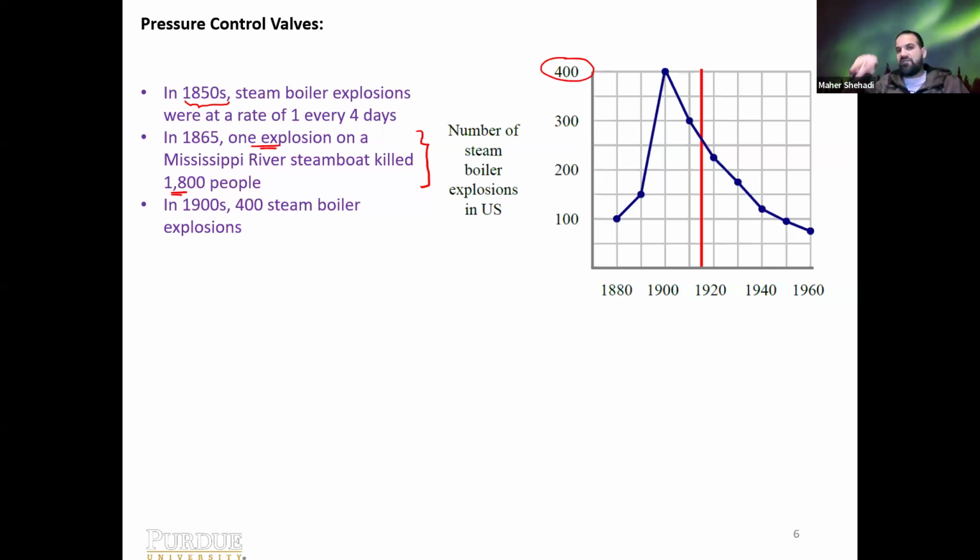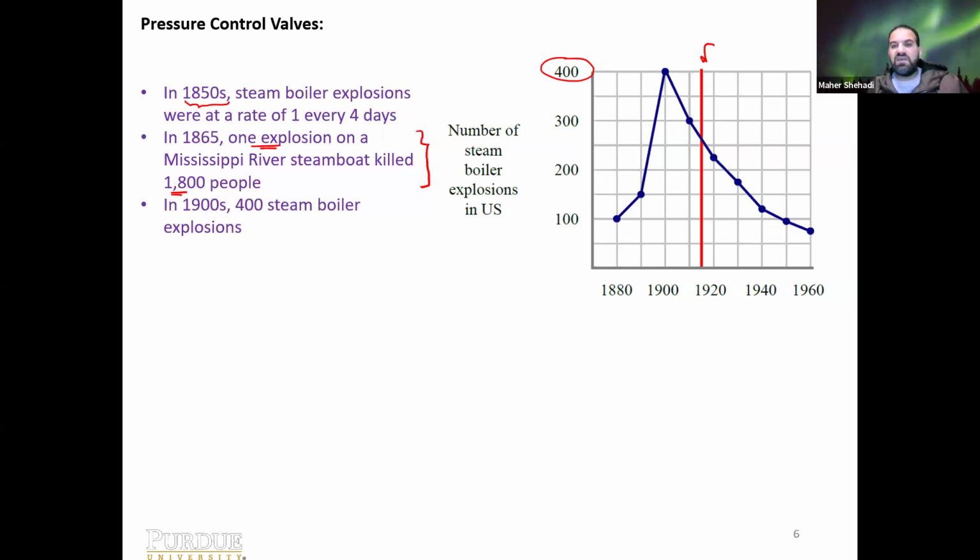And that's why you have this chart. It shows the number of explosions started decreasing after that year, after 1900 or maybe 1950 and so on. They started working on some safety measures, and you can see the steep reduction after that year.